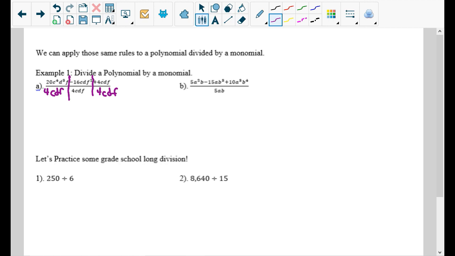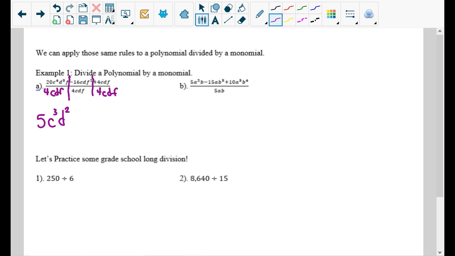So 20 divided by 4 is 5. C to the 4th divided by c, or 4 minus 1 is just c to the 3rd. d to the 3rd divided by d, 3 minus 1 is d squared. And f divided by f is just 1, and I don't have to rewrite it.